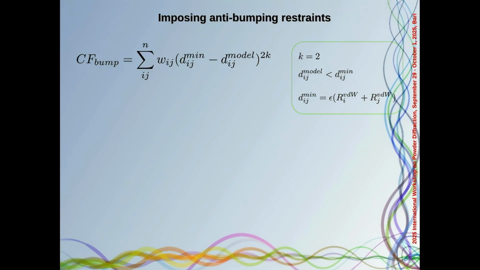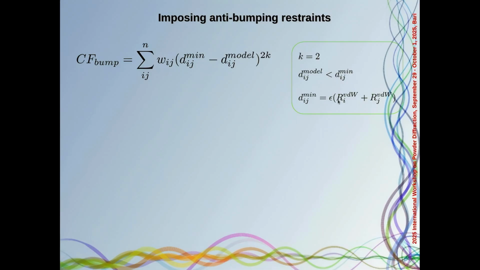In general, anti-bumping restraints are mathematically treated as restraints that are active between two atoms when the current distance between these two atoms is less than a minimum distance.